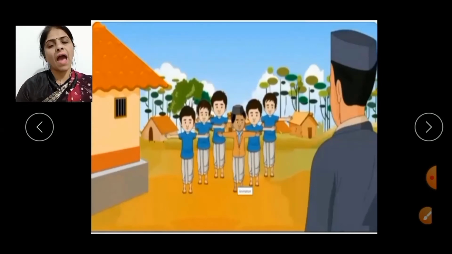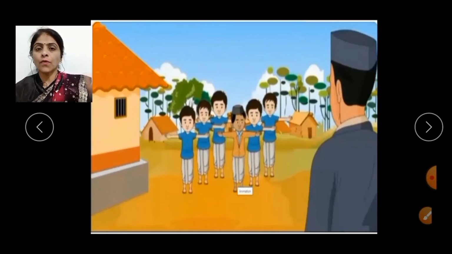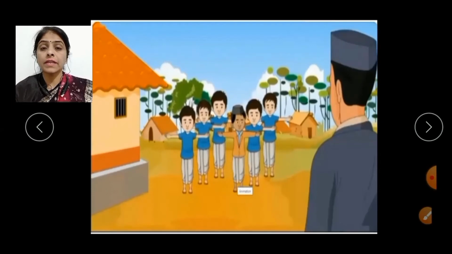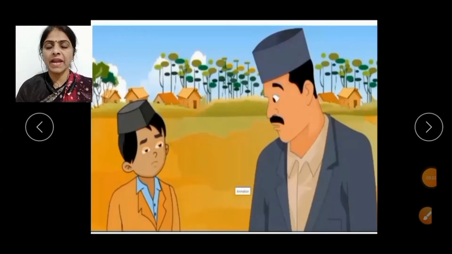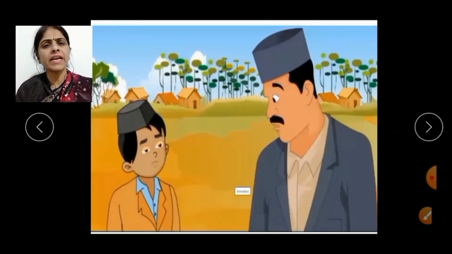And the same happened. When the drill master observed this, he came to him and looked at him carefully from up to down. And then he asked in a quiet voice why he did not take off his cap and coat today. Now Swami tried to explain to his drill master that he was not well and he was in a terrible state of health and he could not attend the drill class for that day.